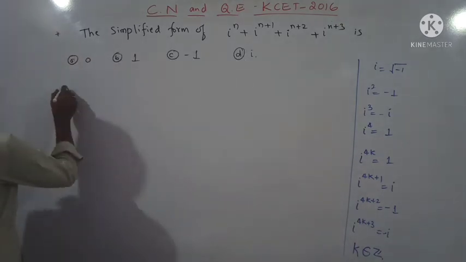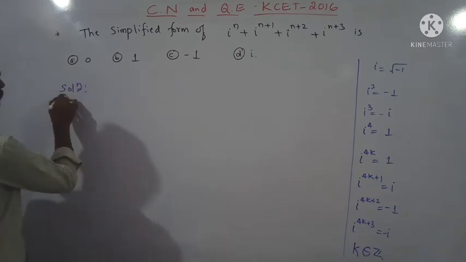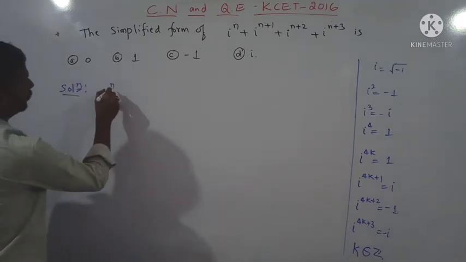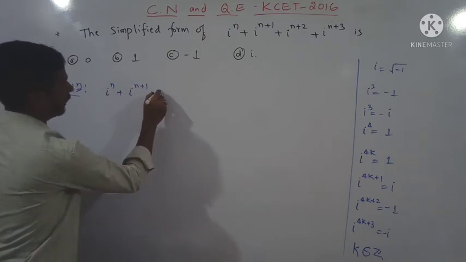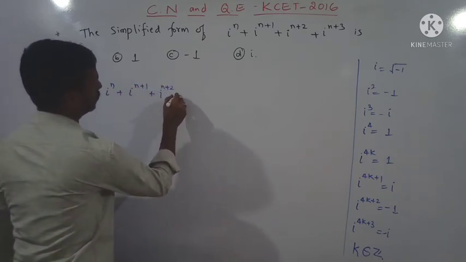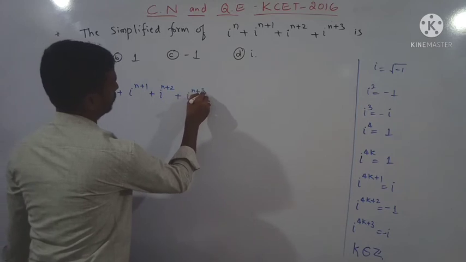Let us come to the solution now. i to the power of n plus i to the power of n plus 1 plus i to the power of n plus 2 plus i to the power of n plus 3.